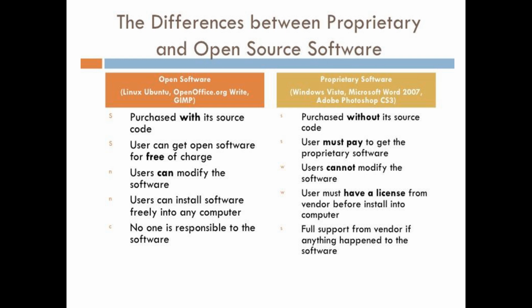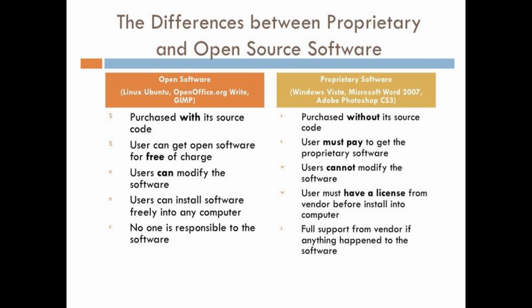If you get a multiple-user license, say 3 users or 5 users, you can install only on 3 or 5 machines respectively. The fifth difference is that no one is responsible for open source software. There is high support available, but no one holds the sole responsibility. With closed source or proprietary software, you get full support from the vendor if anything happens to the software.